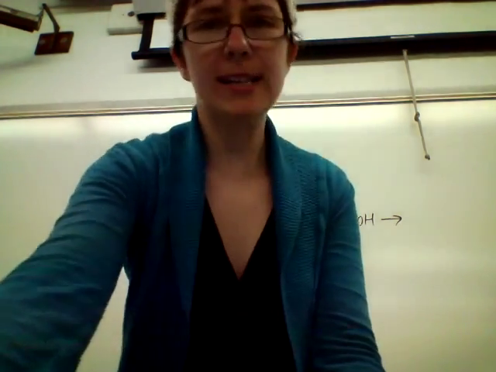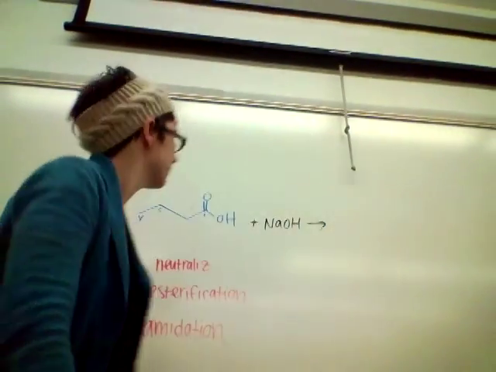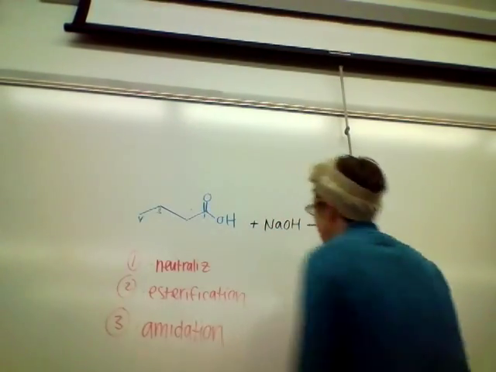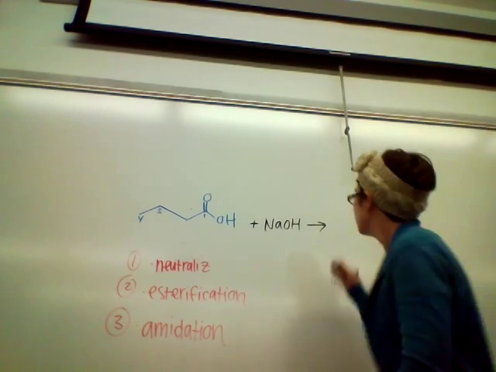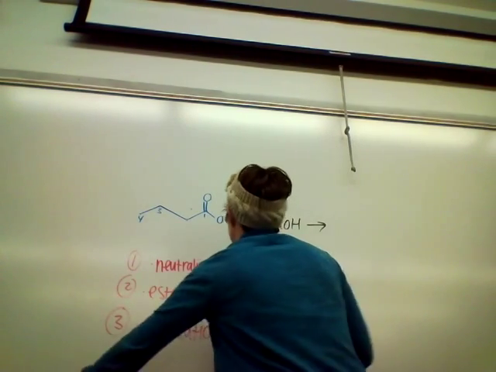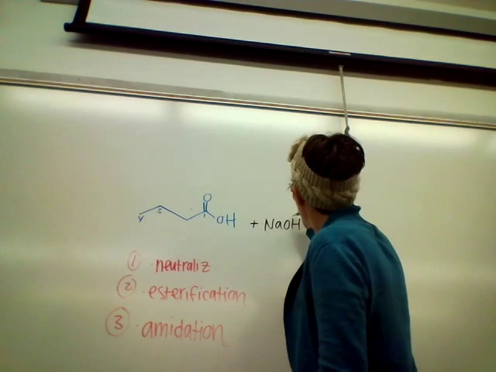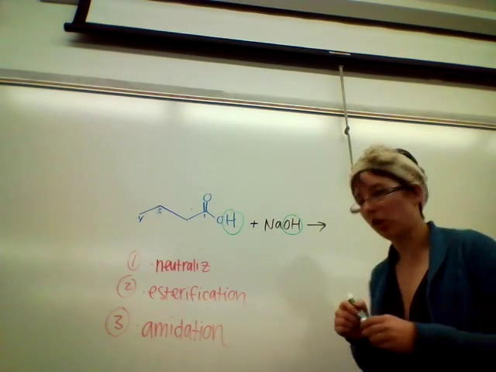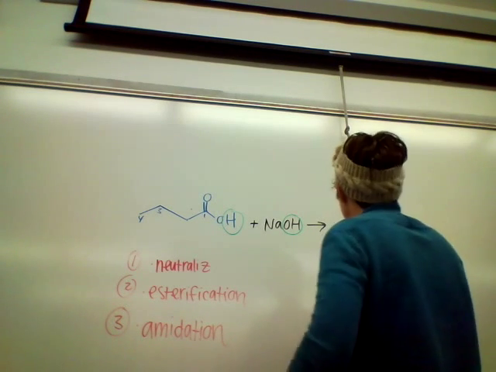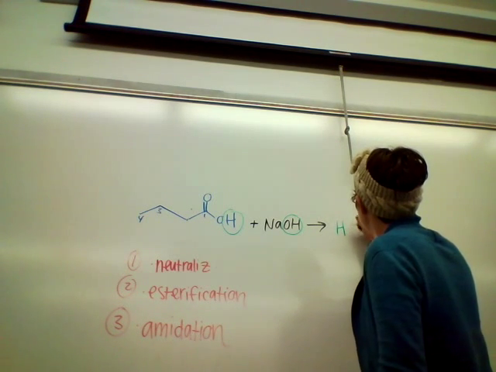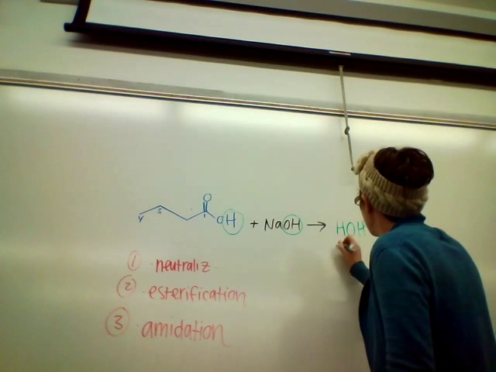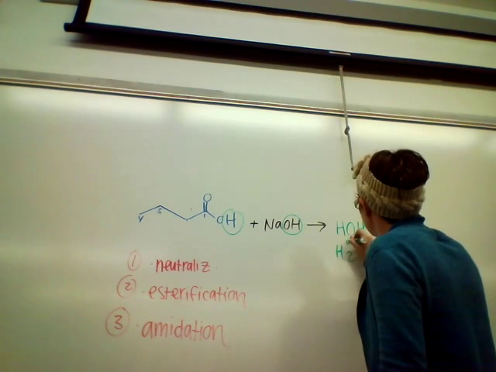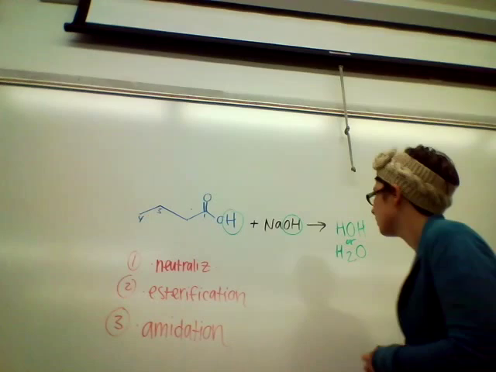But the question is, what kind of salt do you get? Let's see. So if we're making water, you're taking the OH from the base and the H from the carboxylic acid, and that's going to give you water. HOH or H2O. Same thing.